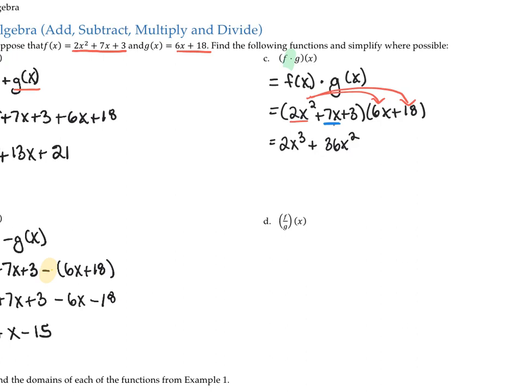When I do the 7x and that goes through next, 7x multiplied by 6x is 42x squared, plus 7 times 18 is 126x. Then when I send this last one through, I have 18x added to 54. You can see that all my like terms are lined up, and I'm just simply adding.